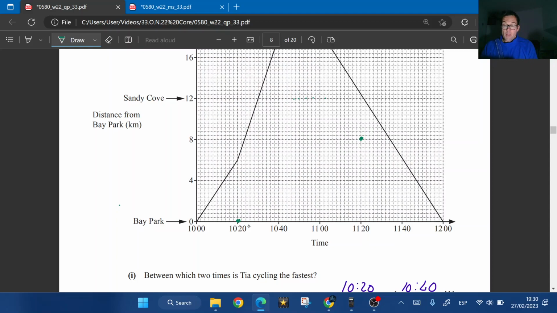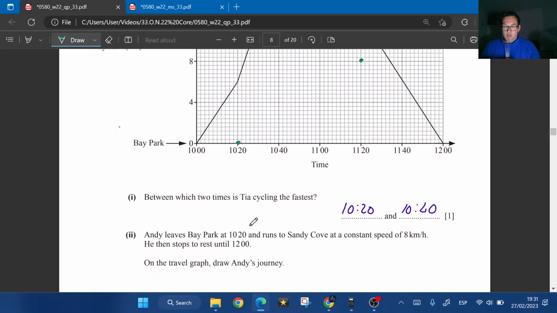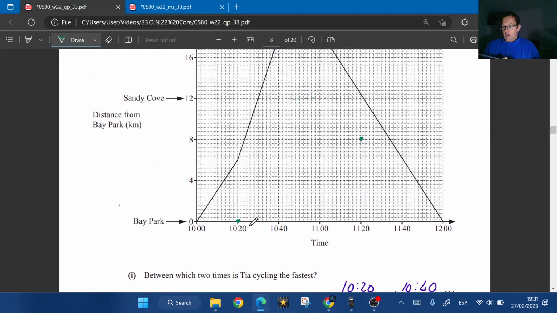So at 11:20 he needs to be 8 kilometers away. So that gives us a good idea of what that line steepness should look like. Now remember he's going to Sandy Cove, so we need to stop at 12 kilometers. That's how far it is away.